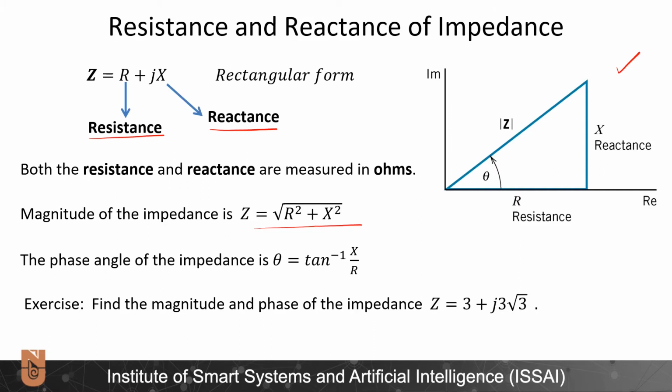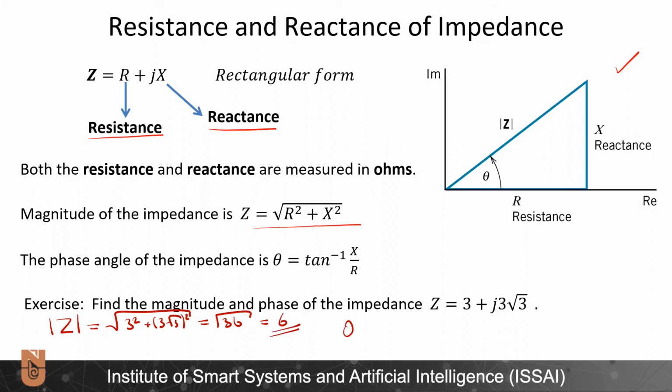Now, as an exercise, we will find the magnitude and phase of the impedance. Z is equal to 3 plus j3√3. The magnitude Z will be equal to the square root of 3 squared plus (3√3) squared, and this will be the square root of 36, and accordingly the magnitude is equal to 6.